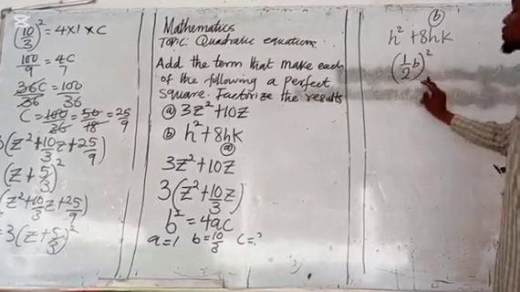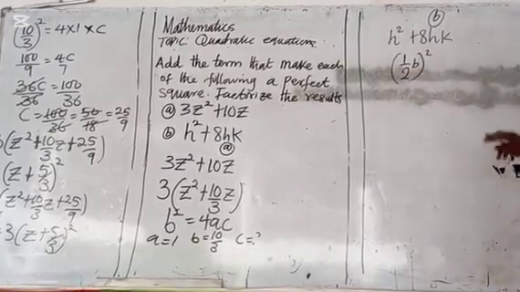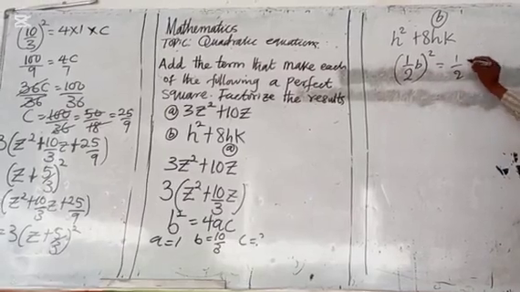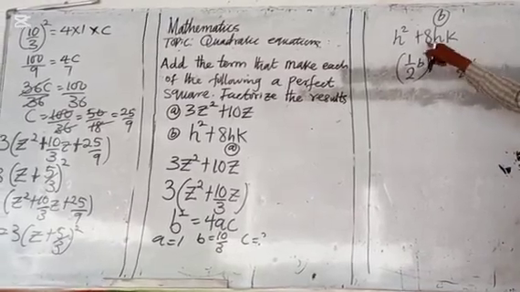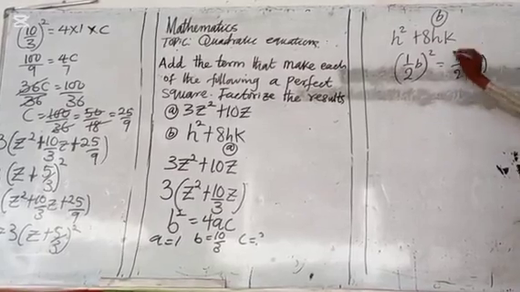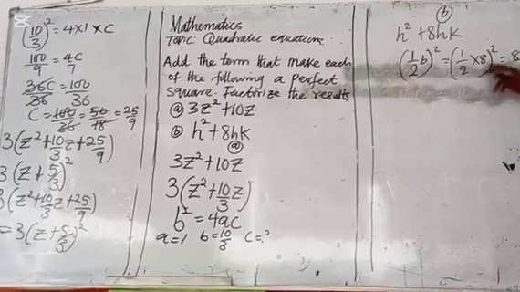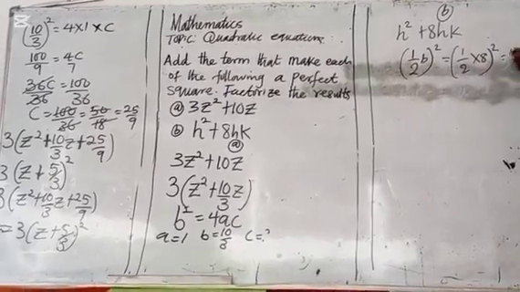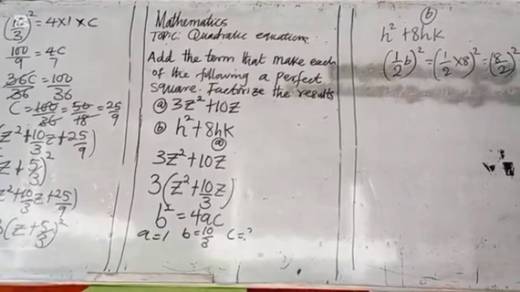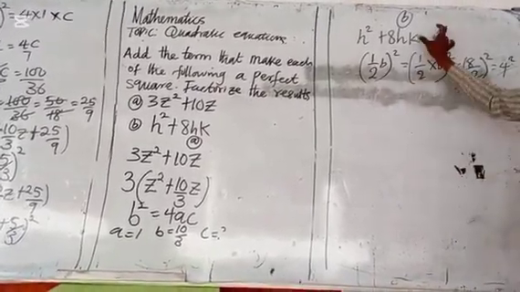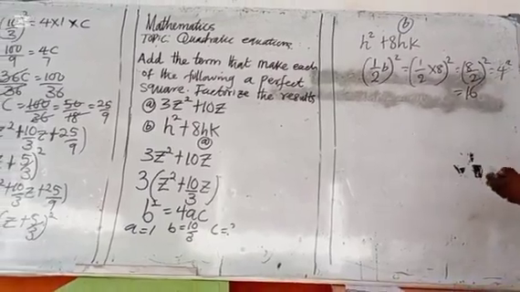B in this equation is 8, so 1 times 8 is 8 over 2, then all square. 8 divided by 2 is 4, squared, which is equal to 16. Which means 16 can be added to this expression to make it a perfect square.